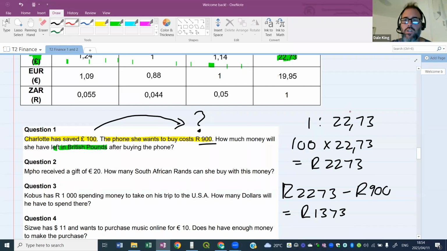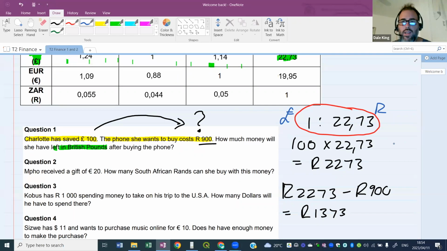Well, let's look at our ratio at the top here. There's our ratio at the top, and I'll put currencies here. That's rands. This is pounds. For every 22,73 rands that I have in my 1,373, that's £1. So how many 22,73s do I have in my 1,373?